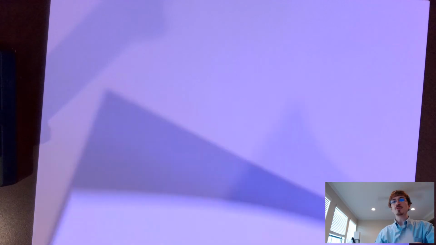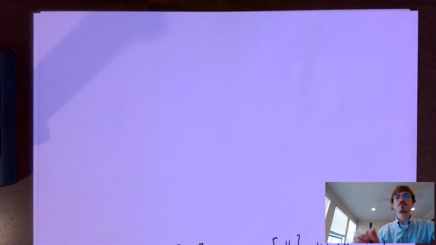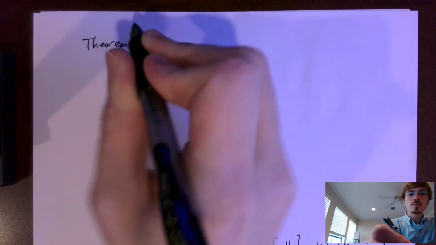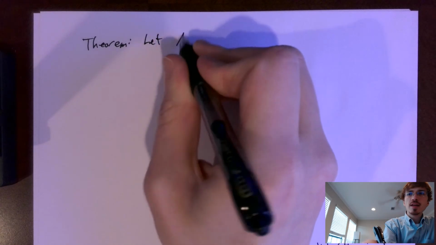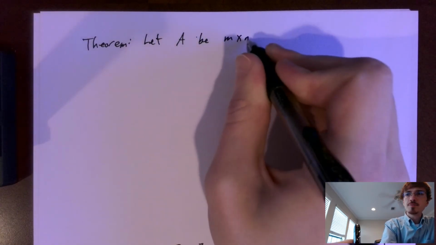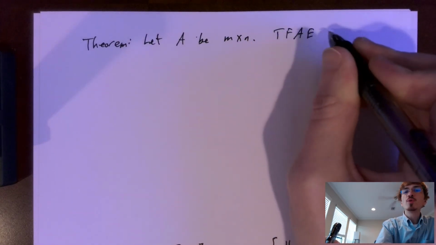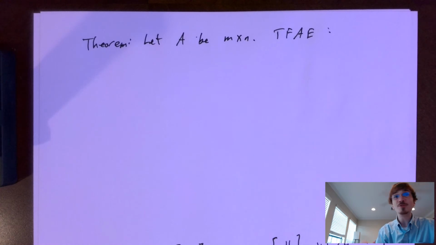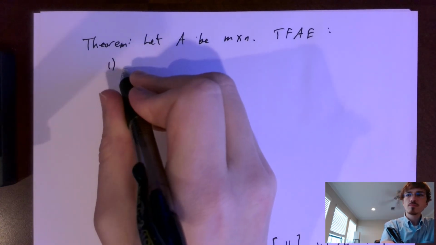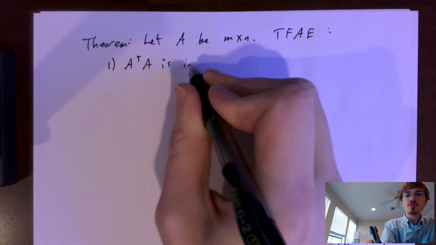Let's state a little theorem before we do another example. Let A be m by n. Then the following are equivalent. Remember, if one of these holds, all of them hold, and if one of them fails, all of them fail. 1. A transpose times A is invertible.